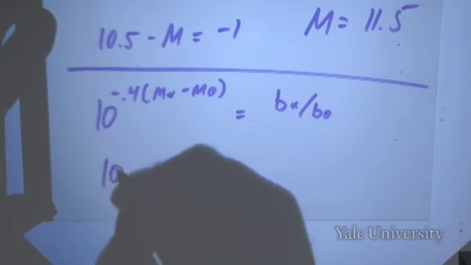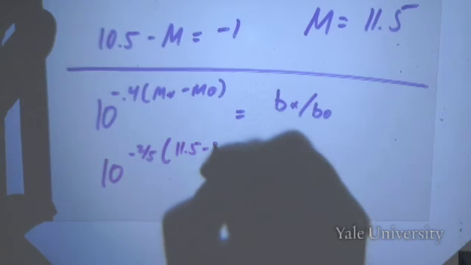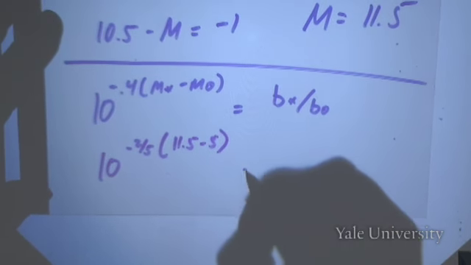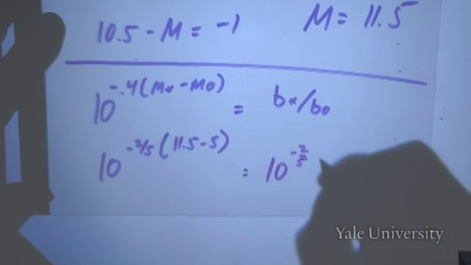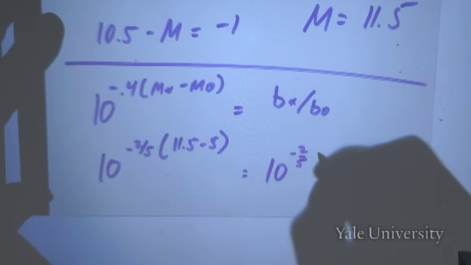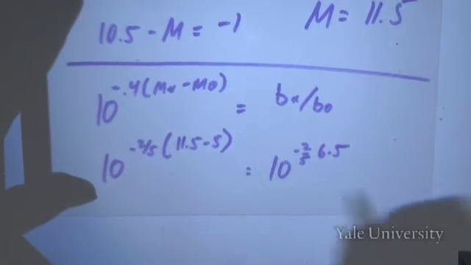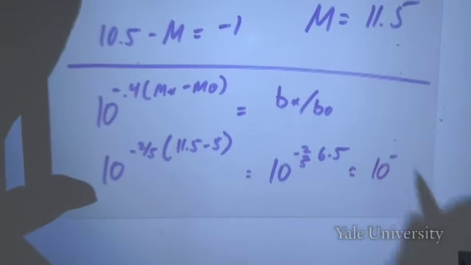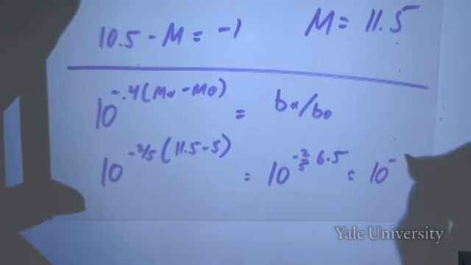So that's 10 to the minus 2/5 of 11.5 minus 5, which is equal to 10 to the minus 2/5 of 6.5. All right, what are we going to do about that? 6.5 over 5 is 1.3. So this is 10 to the minus 1.3 times 2, 2.6.